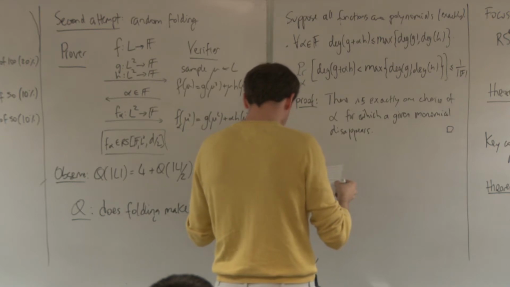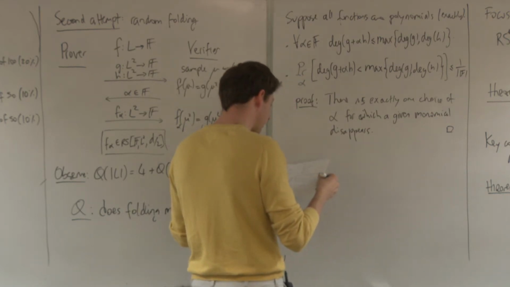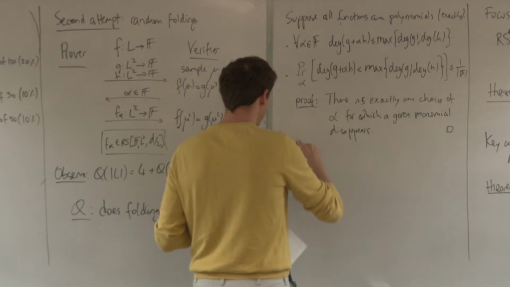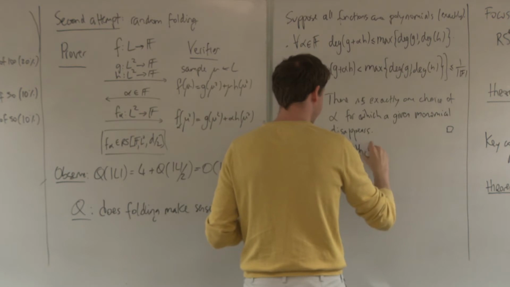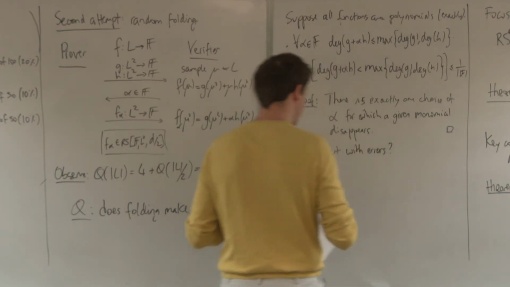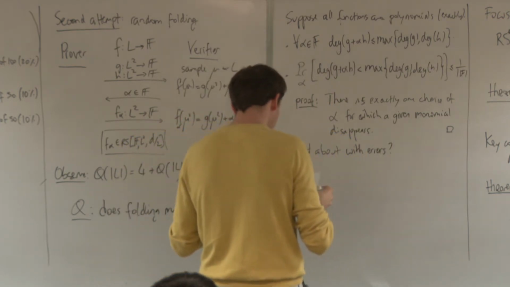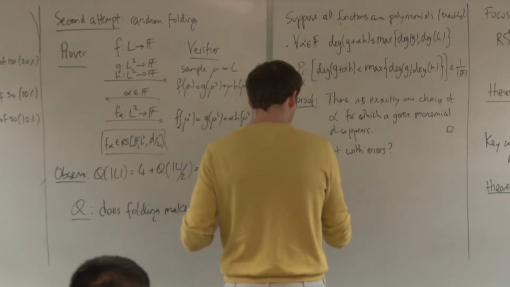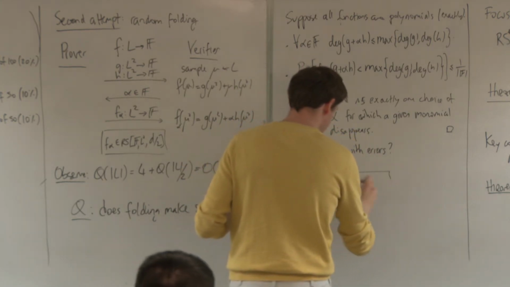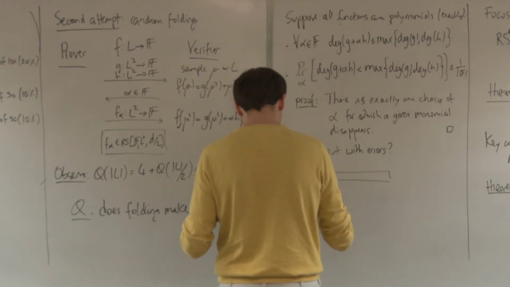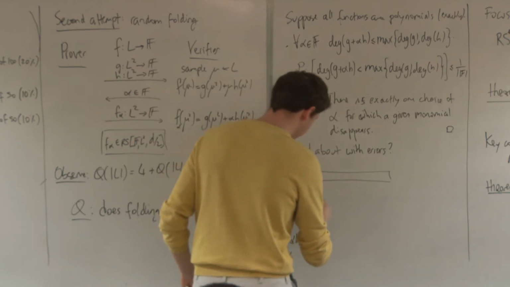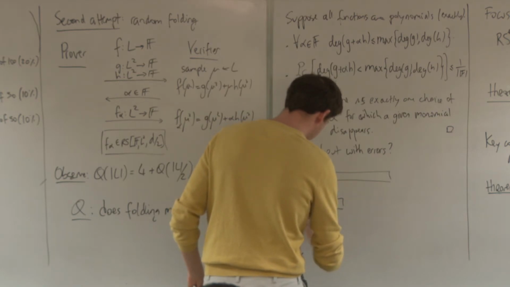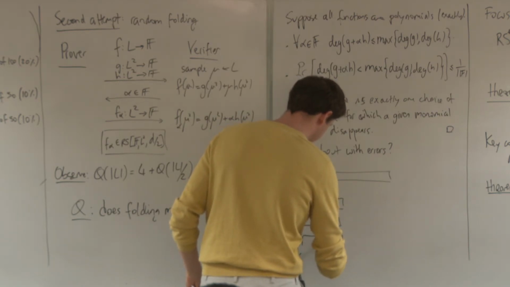So let's say, what about with errors, right? Well, now things look actually a bit nicer. So let's plot f. This is just intuition, okay? The analysis will come in a bit. So we have f, g, h, and their random sum.